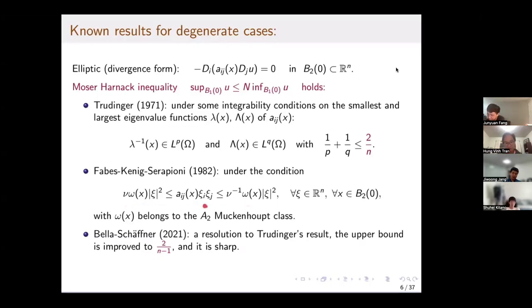Okay, they say under this condition we still have the Moser Harnack, and the N is generic. That means independent of the solution and the position. Okay. And also in 2021 recently, Bella and Schäffner did an improvement to Trudinger's results. They say that the upper bound, this guy, can improve to 2/n minus 1, and they show it is sharp. Okay, so this is some elliptic case in divergence form and the degenerate.